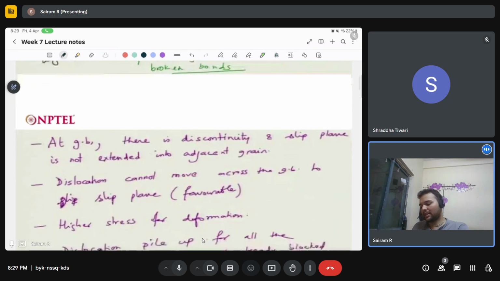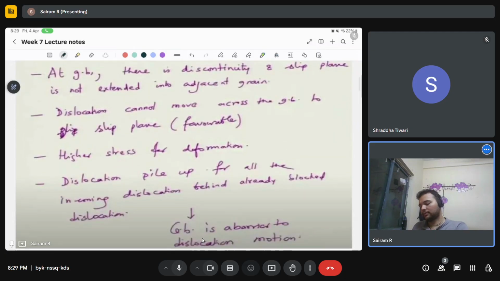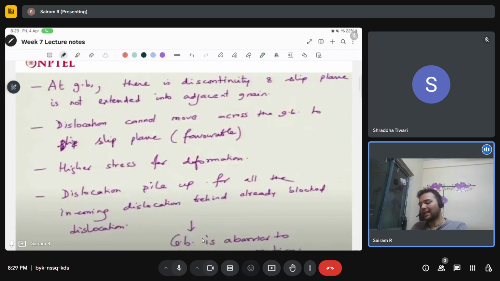At the grain boundary there is a discontinuity, and the slip plane is not extended because there is a mismatch of orientation across the grain boundary between these two grains. So a dislocation cannot move easily across the grain boundary to the most favorable slip plane in the subsequent grain.